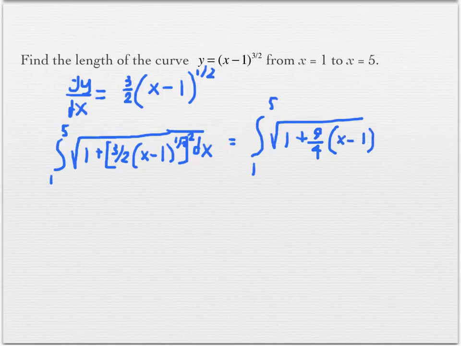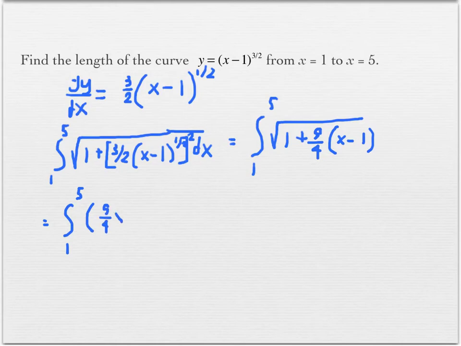So I'm just going to have x minus 1, like that. Now I think you can see we could simplify this to some degree. I can distribute this 9/4, so I'd get 9/4 x minus 9/4, and so 1 minus 9/4, that would be 4/4 minus 9/4, which gives me negative 5/4. So what this is going to boil down to is an integral that looks like this.